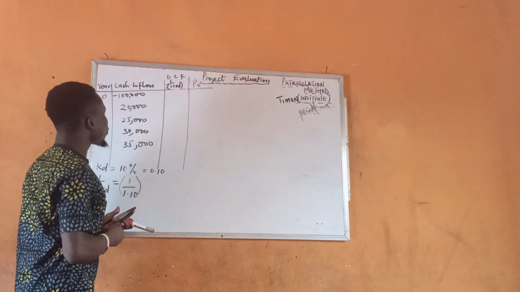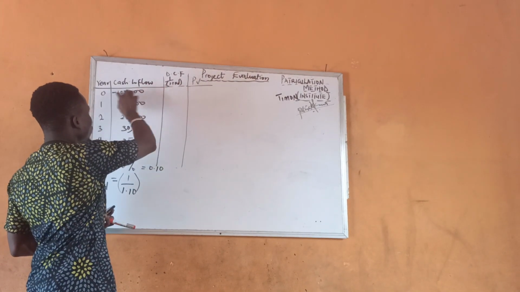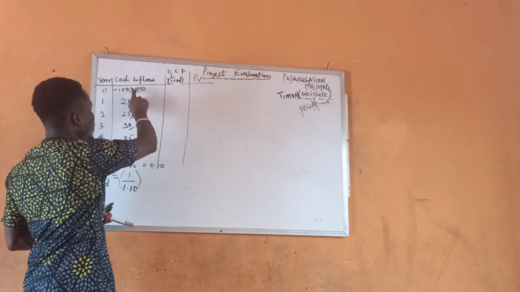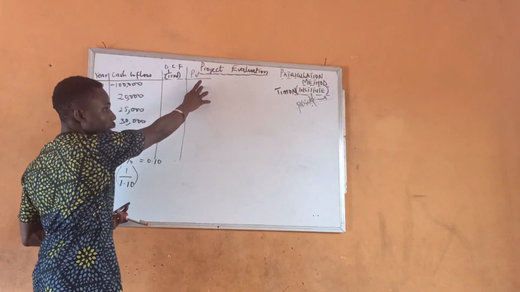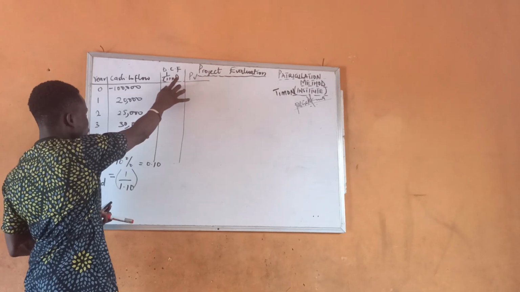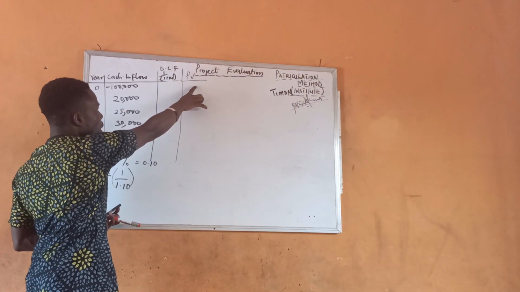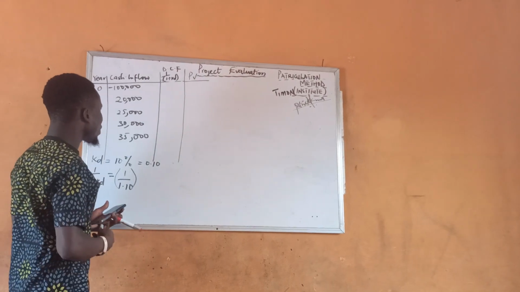Now what I will do here is get the discounting factor for the first year and multiply by the cash flow. I will get my net present value. If I get the discounting factor of the first year, I will multiply by the cash flow, and I will get what should be my net present value.